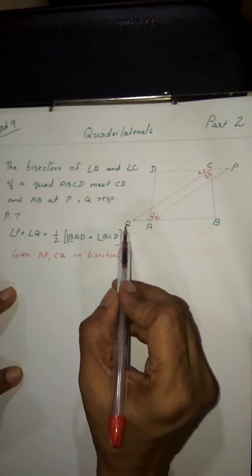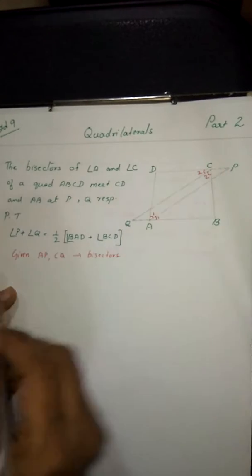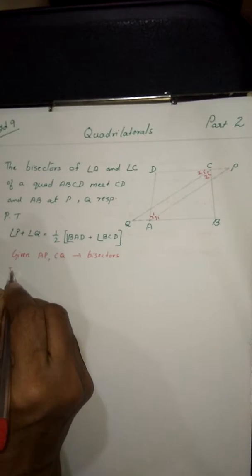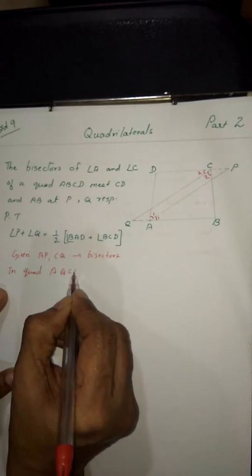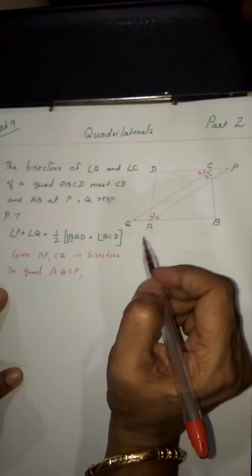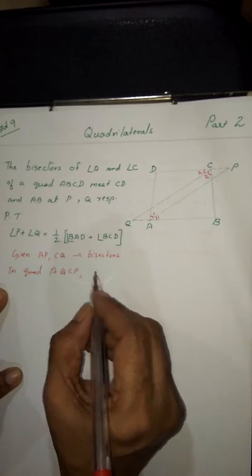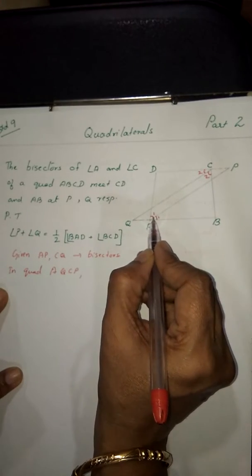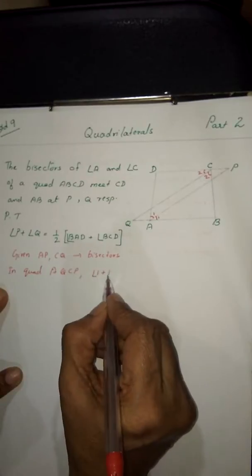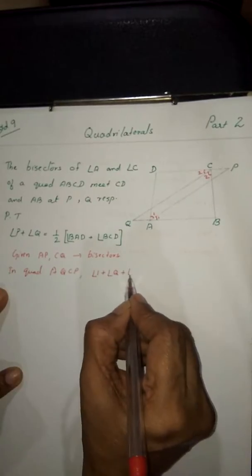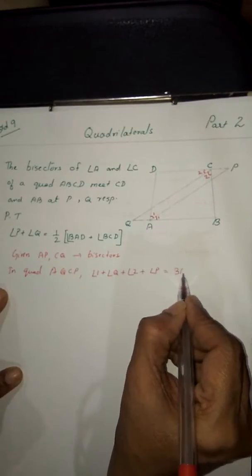So consider the quadrilateral AQCP. In quadrilateral AQCP, you know the sum of all the angles of a quadrilateral is 360. So angle 1 plus angle Q plus angle 2 plus angle P is equal to 360.